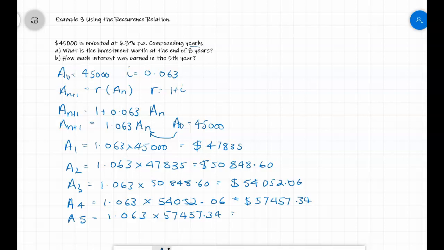I'm up to A5, and A5 is $61,077.16. A6, it's like getting to the bottom of the board.